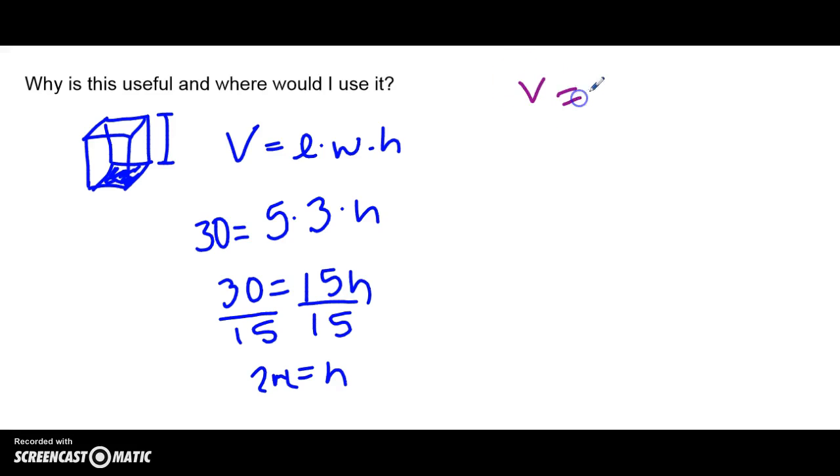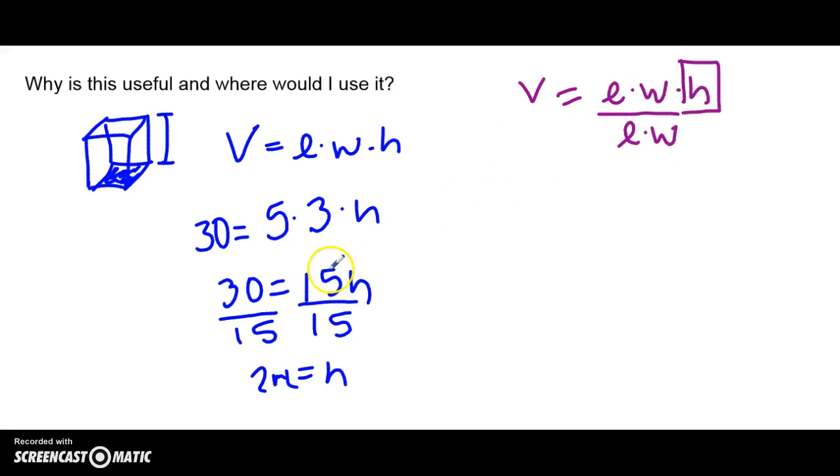So volume is equal to length times width times height. Let's say I want to solve for h. The only operation that I have is multiplication here. So I can undo it by doing some division. So I can divide both sides by whatever the length times the width is.